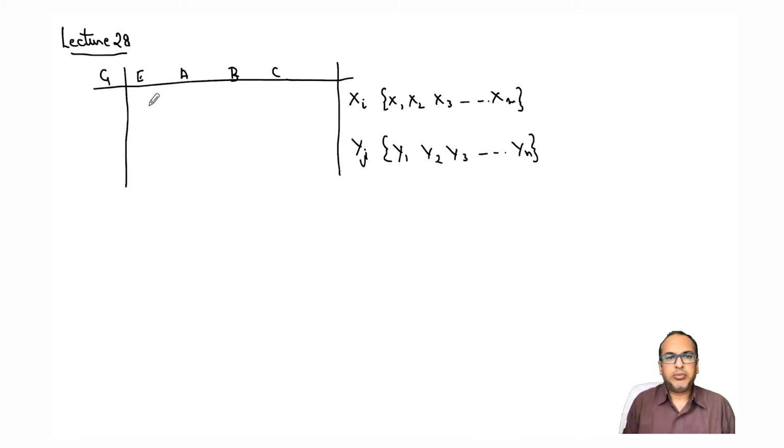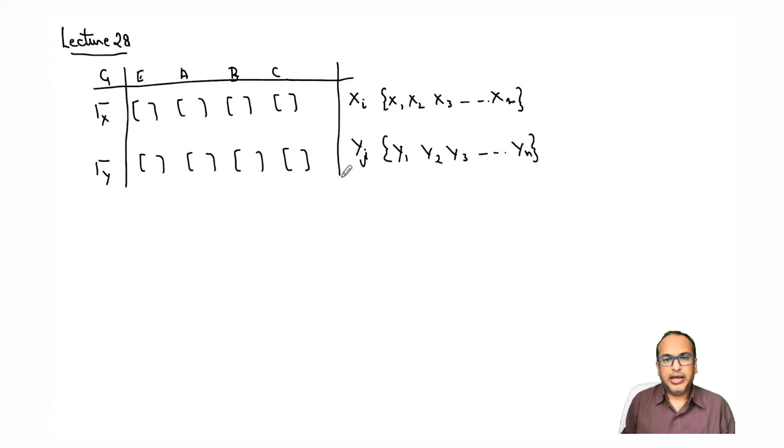If these two form the basis of the representation, then my representation would be written as certain matrices, and in this case these are the characters basically, right?